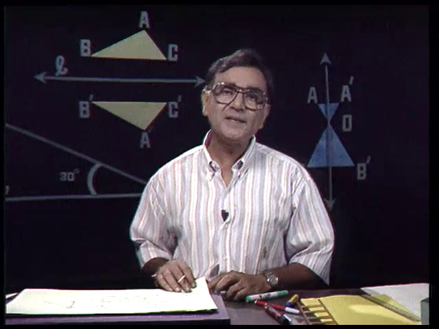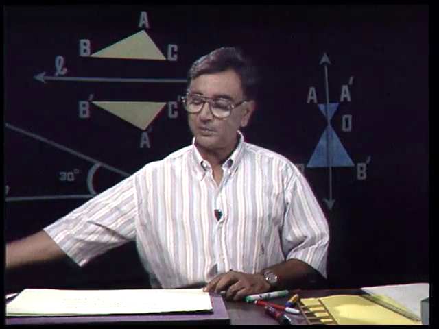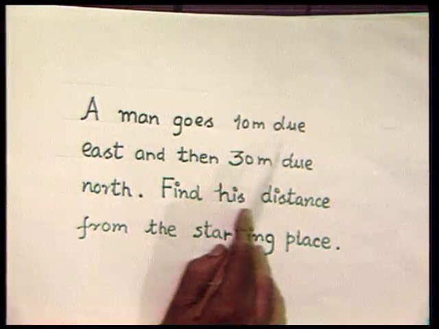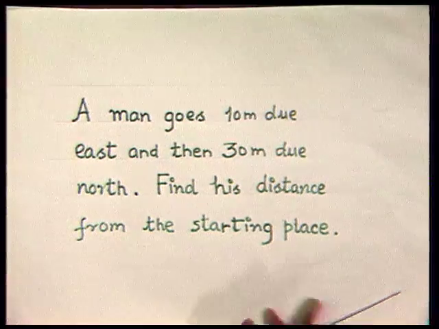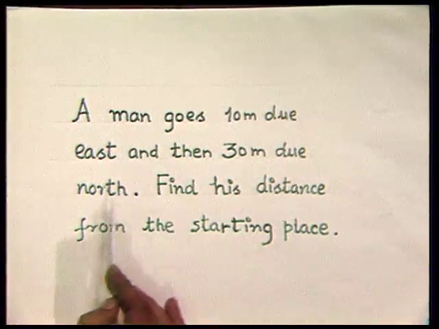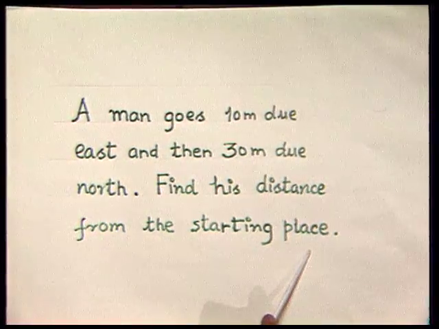Now, let us apply this theorem to some of the problems. Here the first problem is: a man goes 10 meters due east and then 30 meters due north. Find his distance from the starting place.